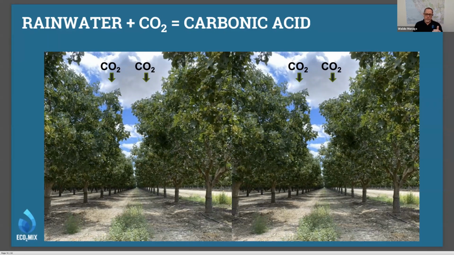Carbonic acid slowly dissolves all the minerals that are in the soil. It unlocks all the cations that are tied to the clay or even to the organic matter in the soil, and releases nitrogen and phosphorus, for example, as I said before.